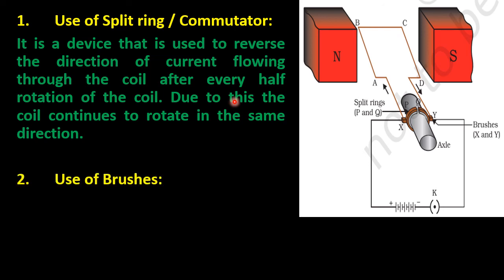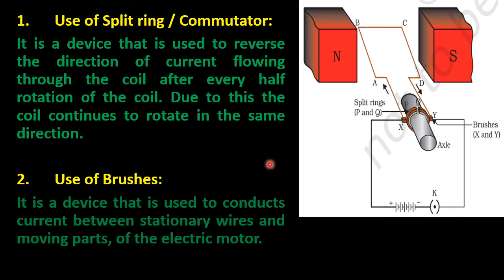And similarly, we discuss the use of brushes. So this X and Y. Why it is used is, it is a device that is used to conduct current between the stationary wire and moving parts of the electric motor.